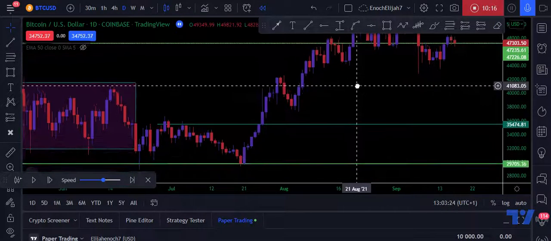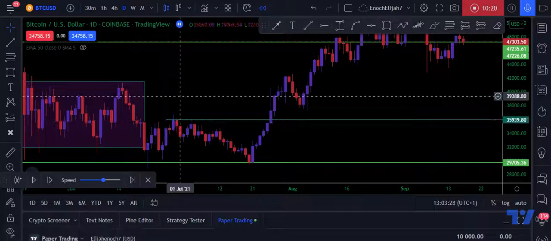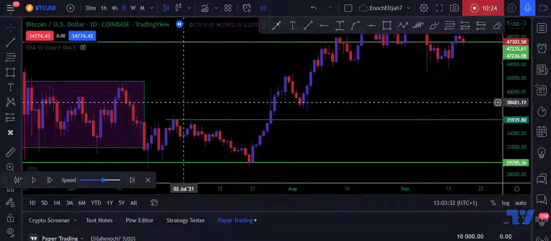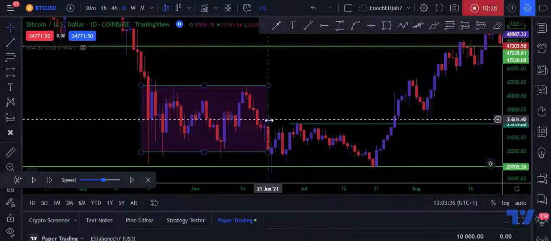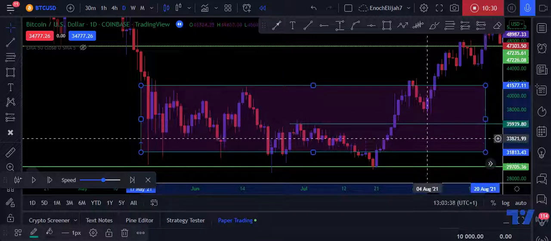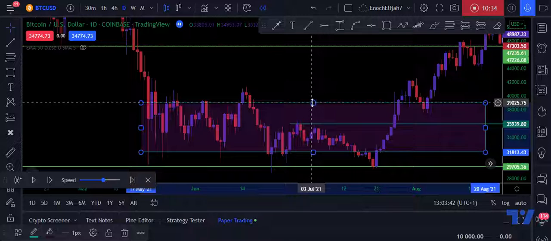So this is a high quality trade setup. I'm not gambling with my money. I know what I'm expecting the market to do, and I wait for the market to do that same thing before I enter my trade.